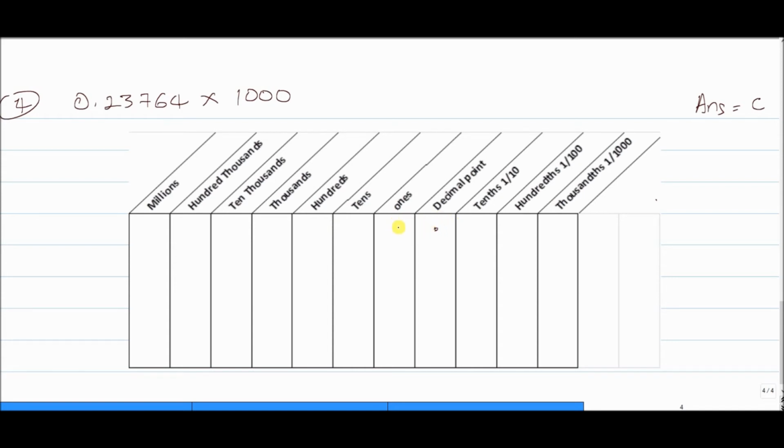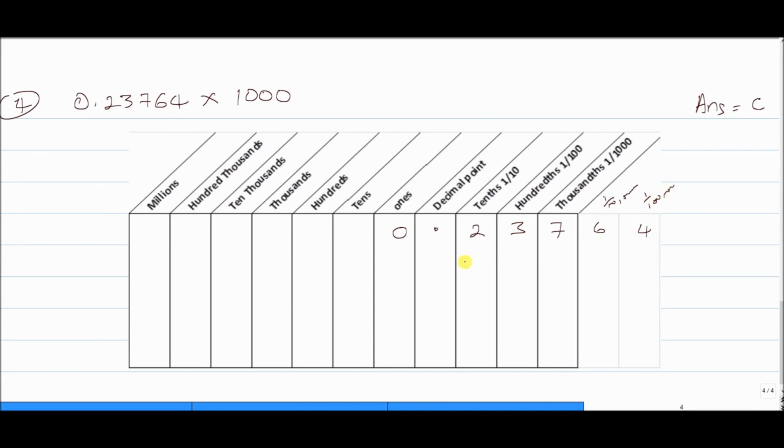Our number is 0, 2, 3, 7, 6, and 4. Our 6 here would be in our 10,000s column, so it would be whatever it is out of 10,000, and our 4 would be whatever is in this column by 100,000 parts.